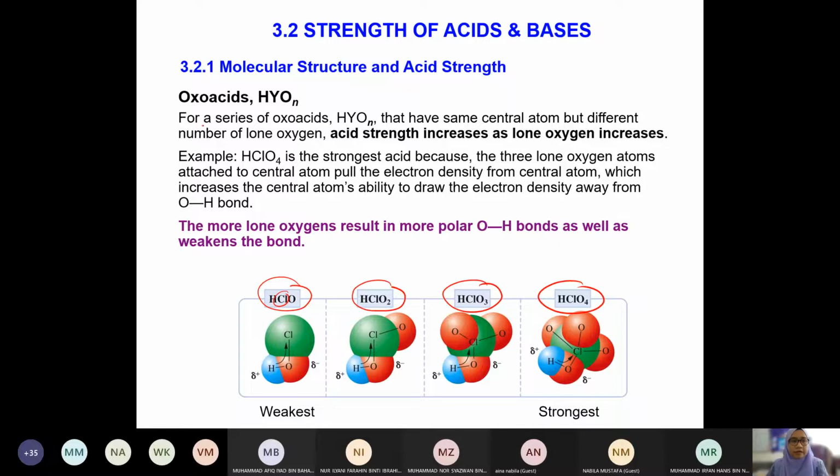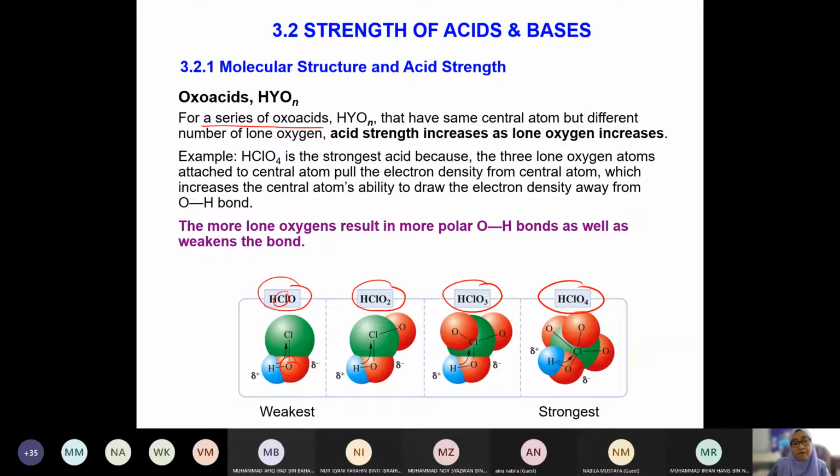Okay, alright. This is what we call series of oxo acid. Okay, basically we have the same electronegative atom, the same atom attached to the oxygen. Okay, it's just that the number of oxygen surrounding that atom is now different.